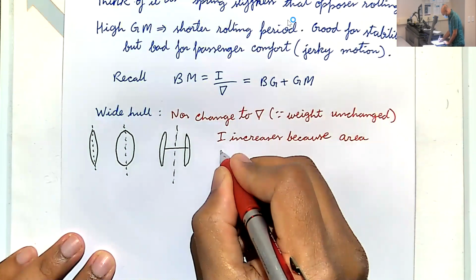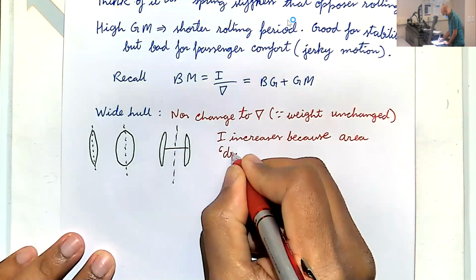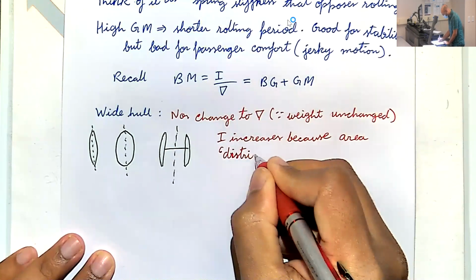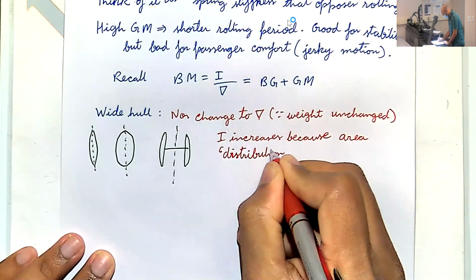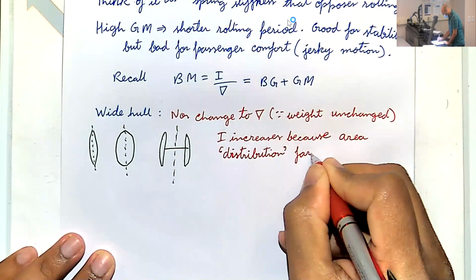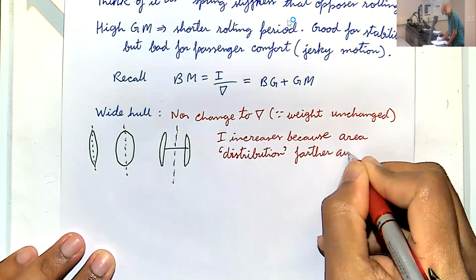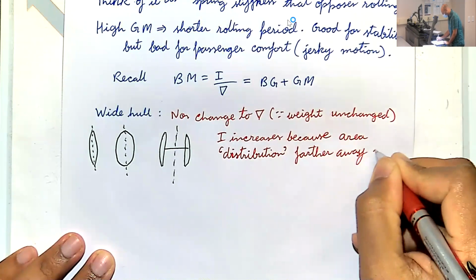Area distribution. Farther away from axis.